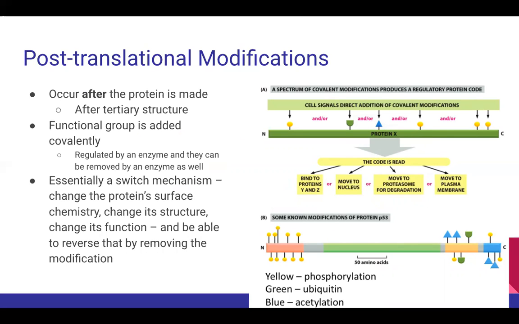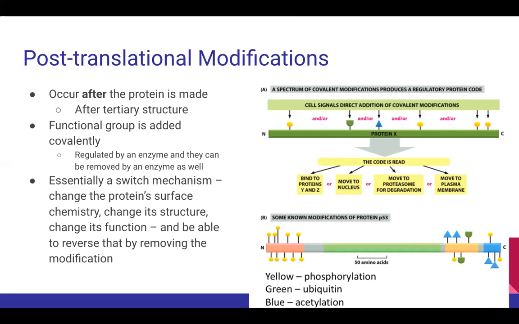Okay, so post-translational modifications occur after the protein is made. So this is after tertiary structure or quaternary structure, depending on your protein. The functional group is added covalently and regulated by an enzyme, and it can also be removed by an enzyme as well.